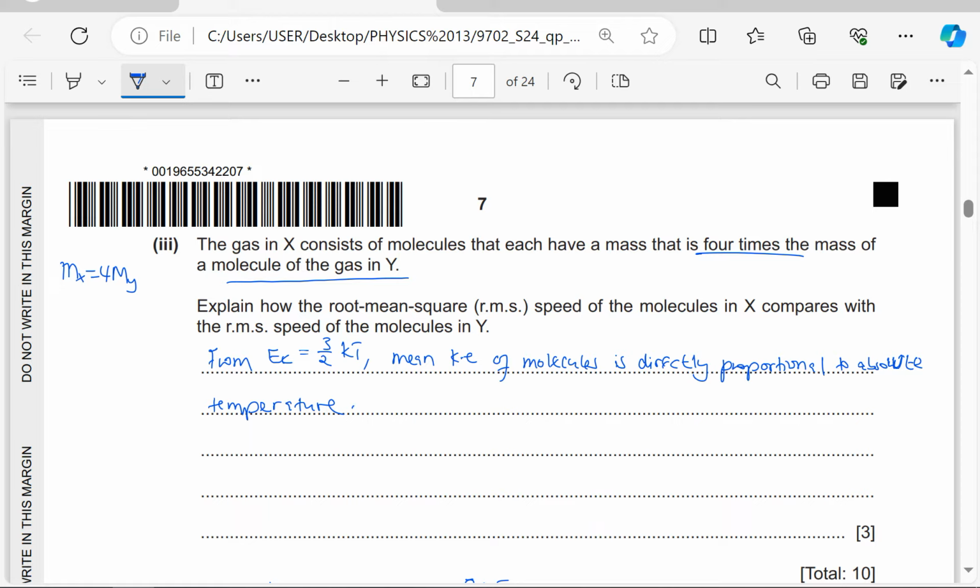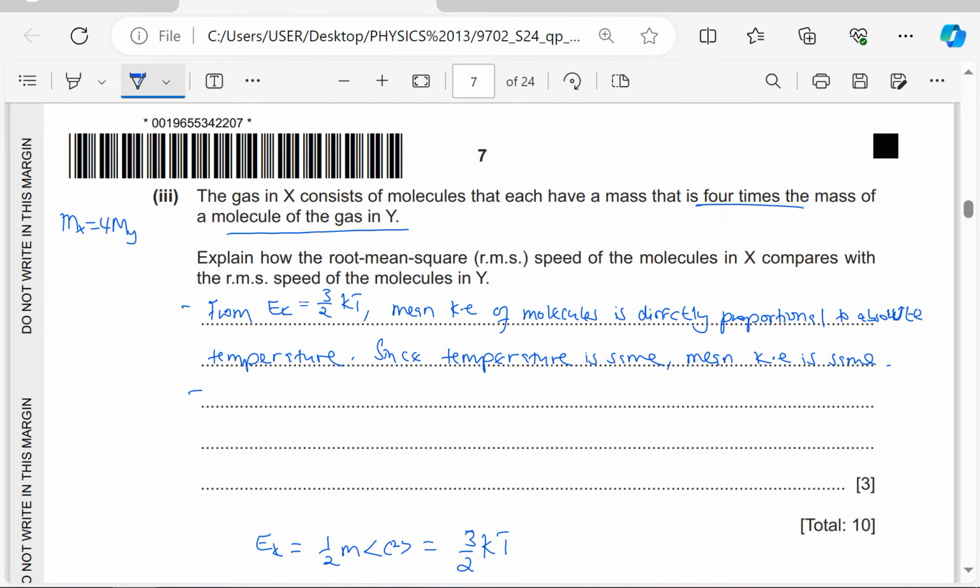Since temperature is the same, the mean kinetic energy is the same. Does it mean the root mean square speed is also the same? Not at all.